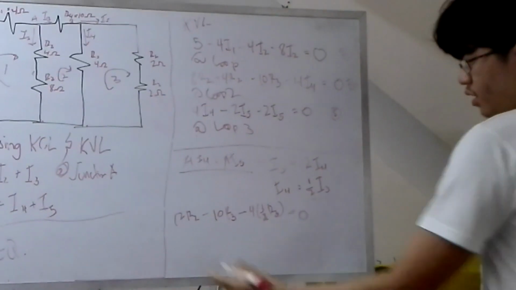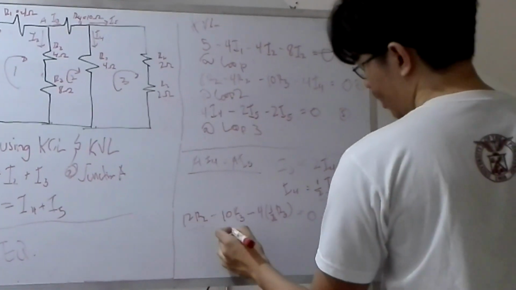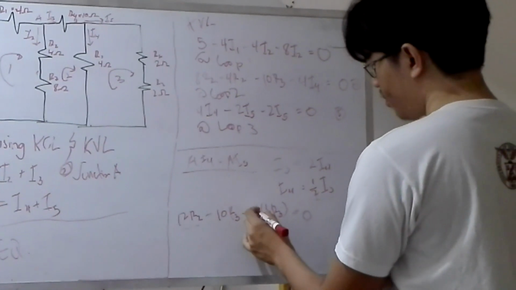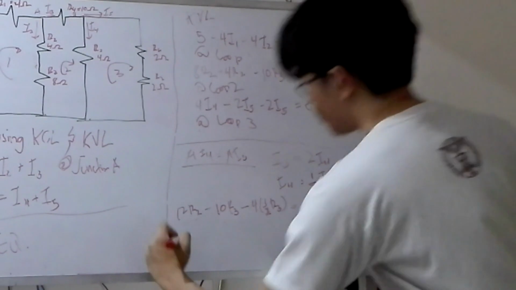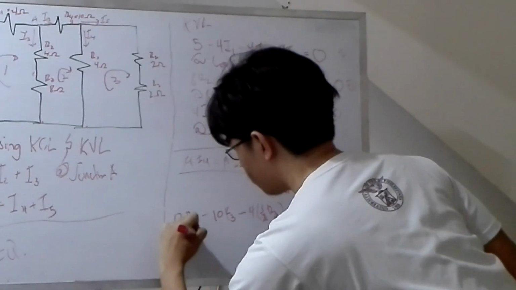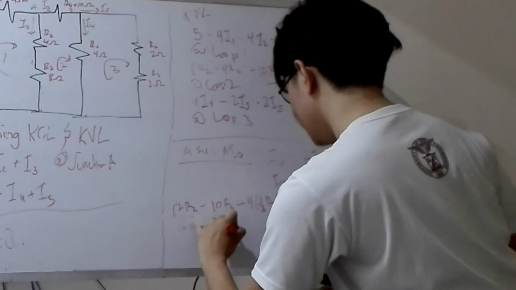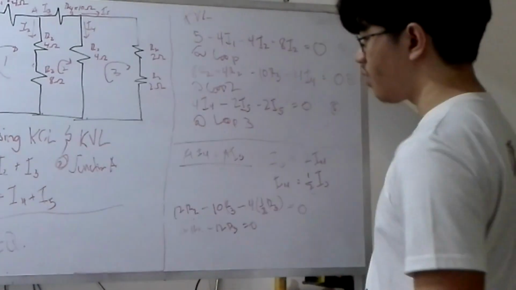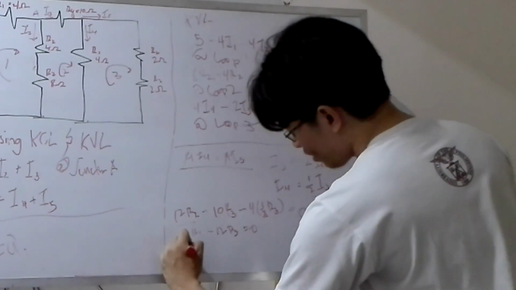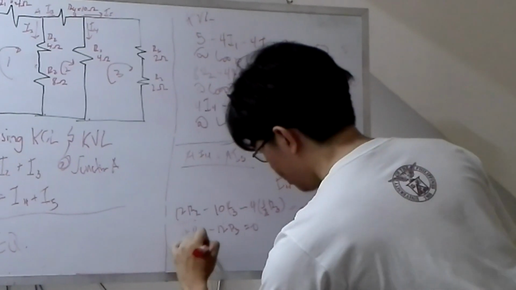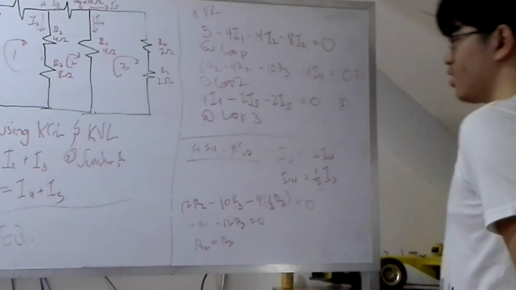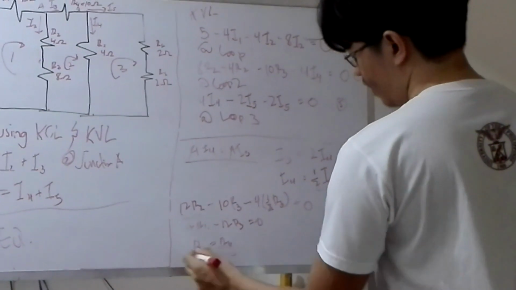So 12I2 minus 10I3 minus 4 times 1/2 I3, you would get 12I2 minus 12I3 is equal to 0. So how convenient that I2 is equal to I3. You have that relation now.